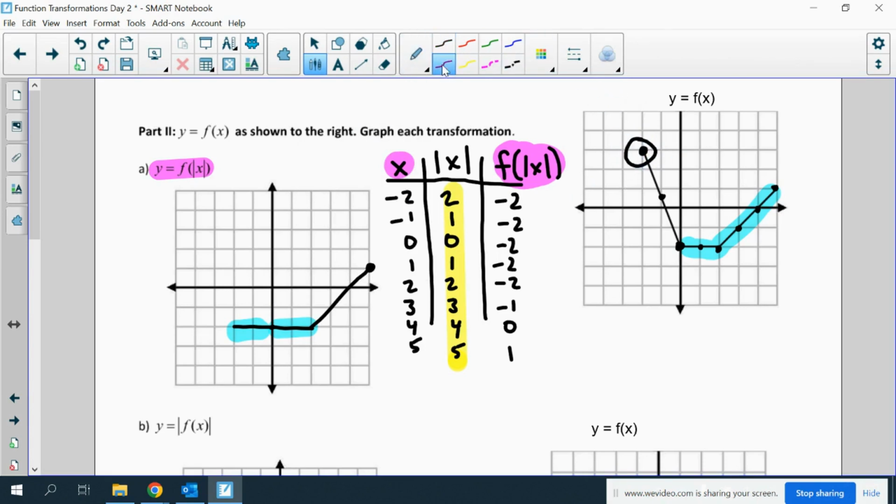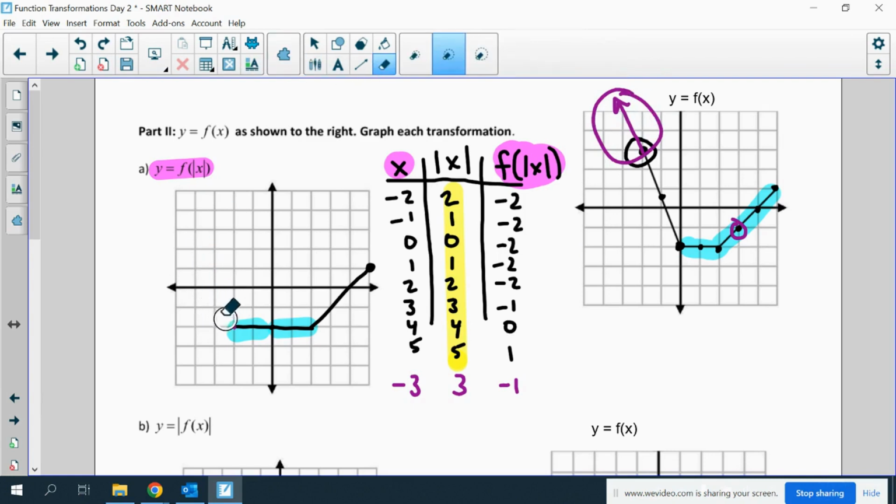Now, let's just say, hypothetically speaking, this went on. What I would have done is when I plug in -3, I would get 3, and then that would give me -1, and it would continue. However, because these values were not originally in the function, I can't graph those in my new function because I can't invent new domain values for x.